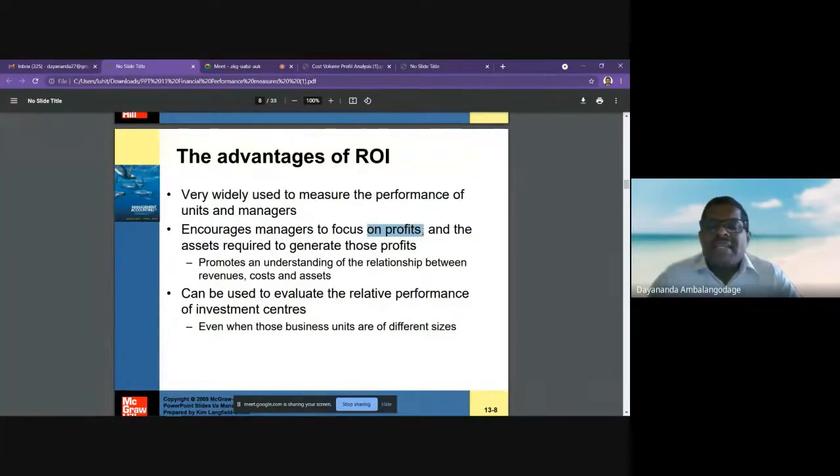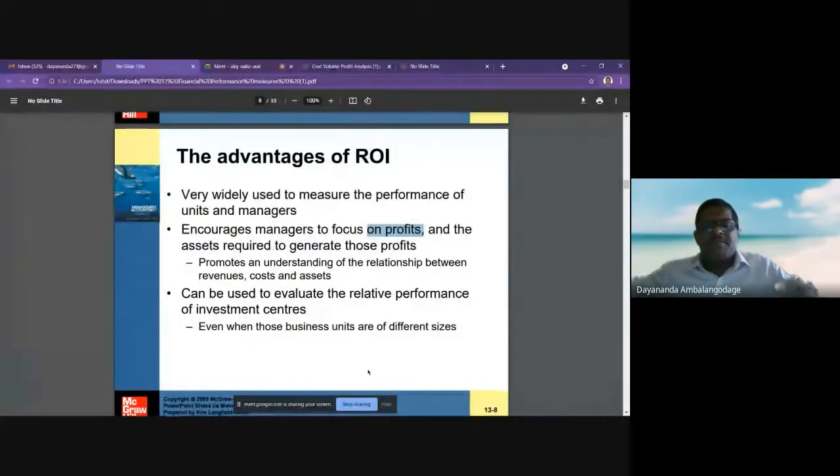Promote and understand the relationship between revenue, cost, and assets. It can be used to evaluate the relative performance of investment centers even when those business units are different sizes. Because ROI is a percentage, you may run a financing or banking business, but you can compare your performance with another CEO, maybe in the entertainment business.